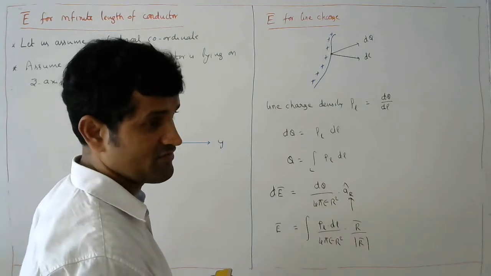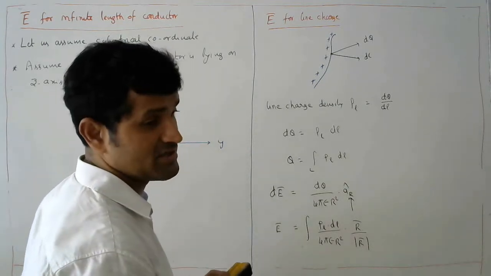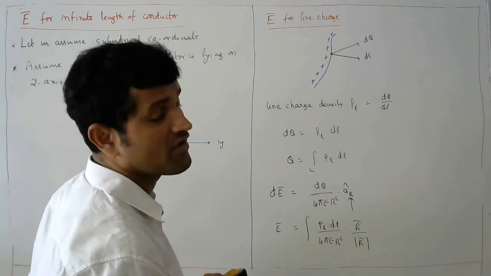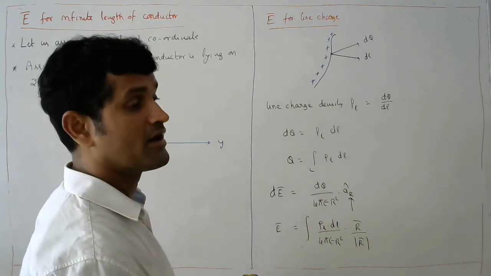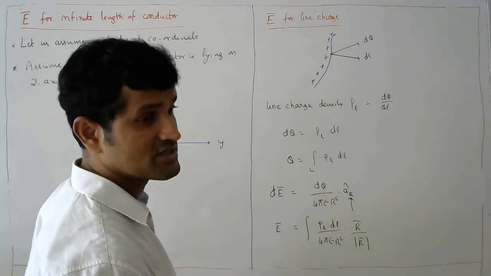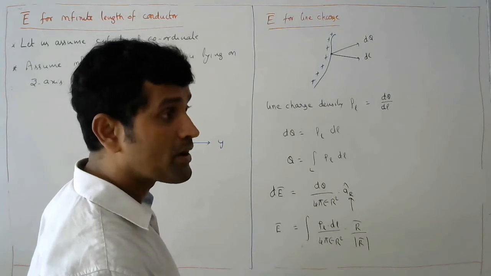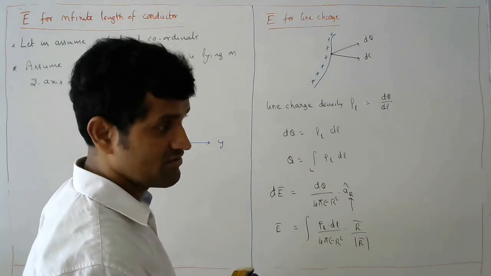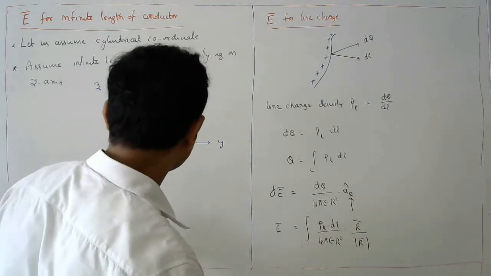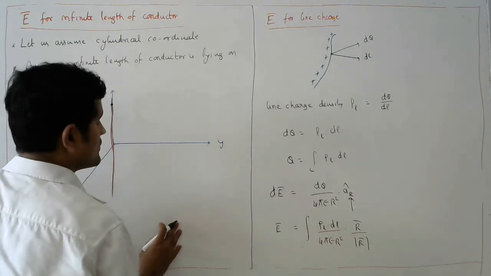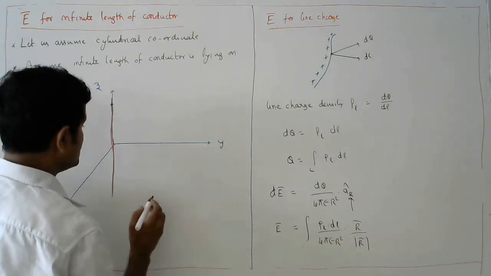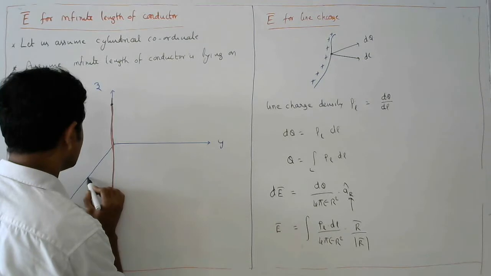I assume a cylindrical system where this electric field intensity falls on the rho phi plane, the constant z plane. So the rho phi plane is called the constant z plane, and this is the direction of the axis.